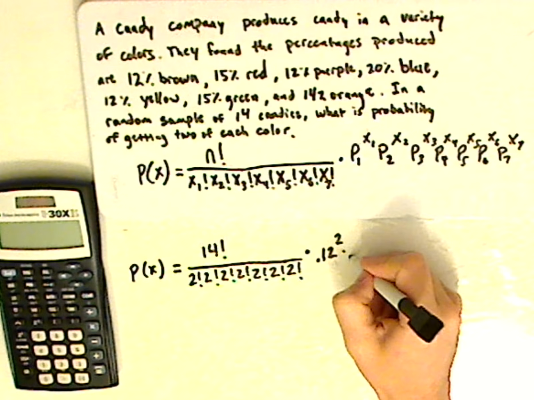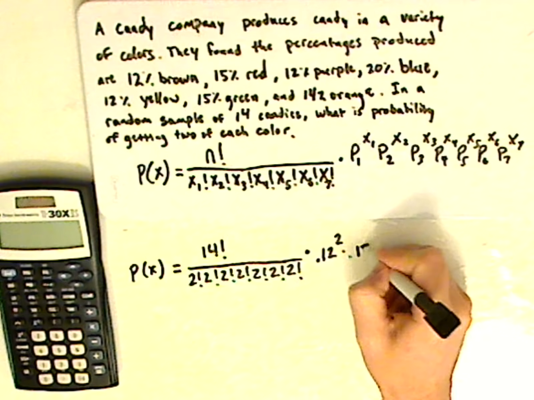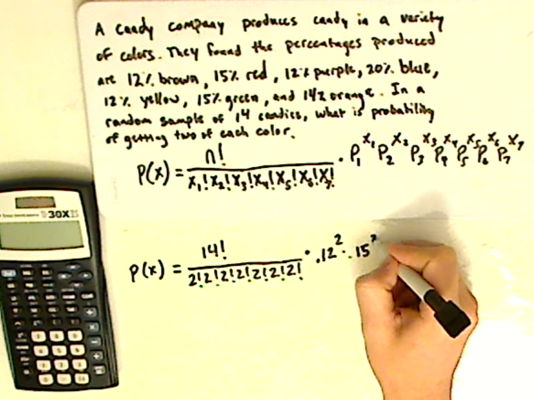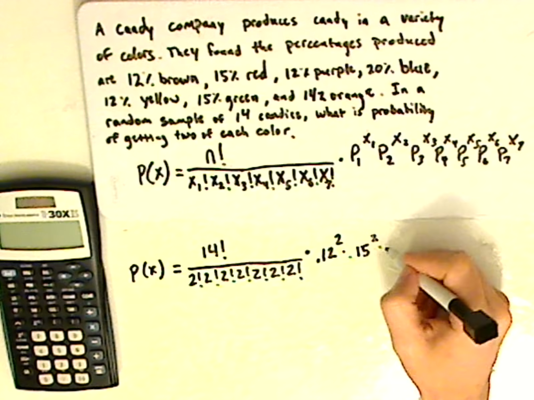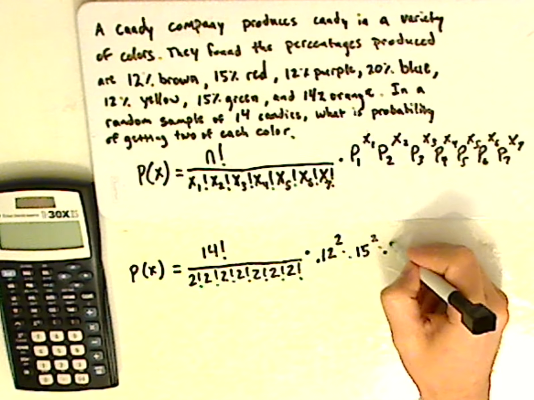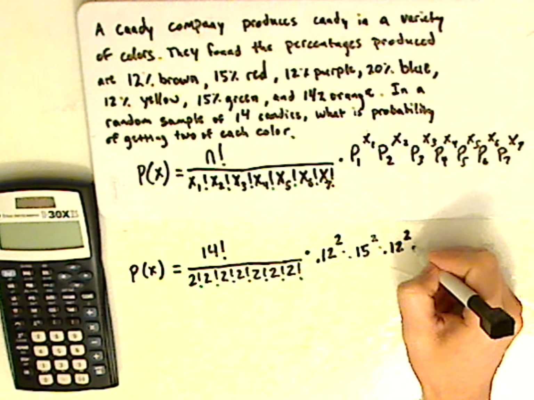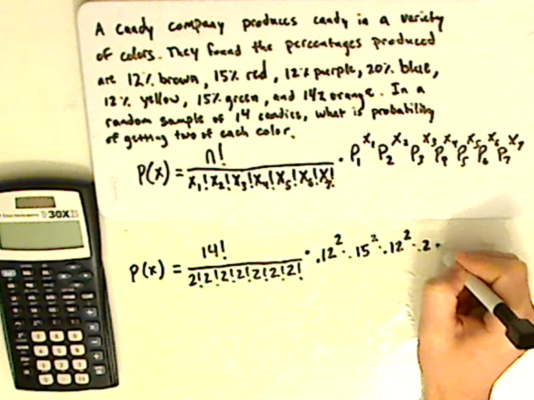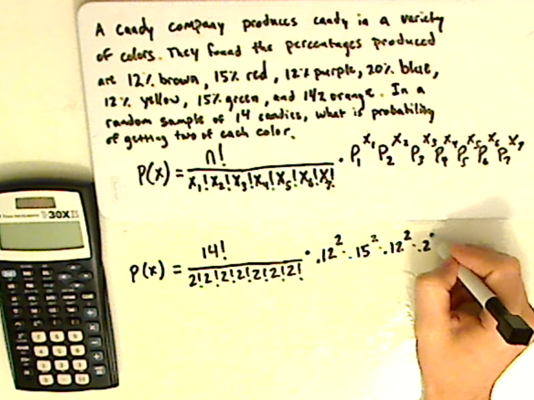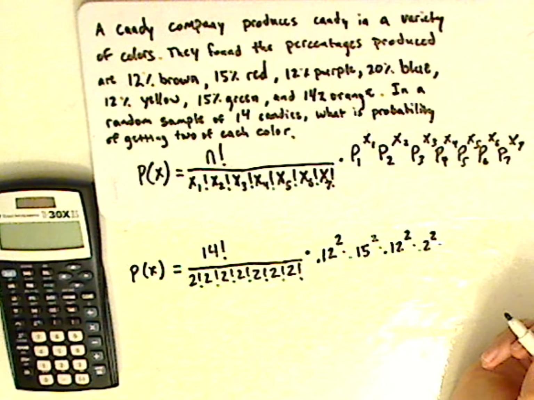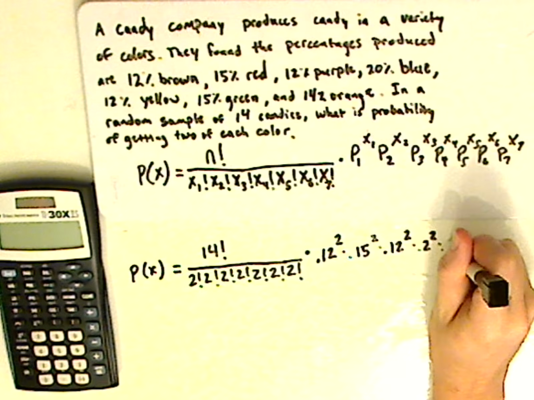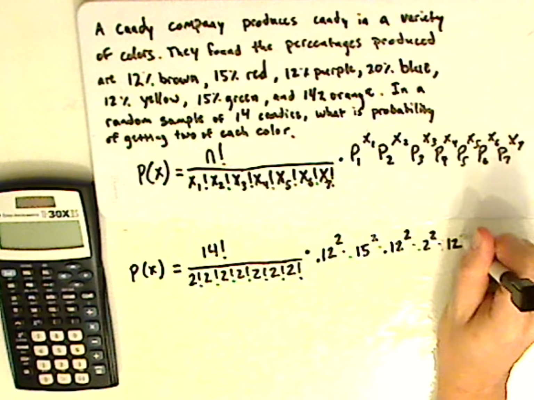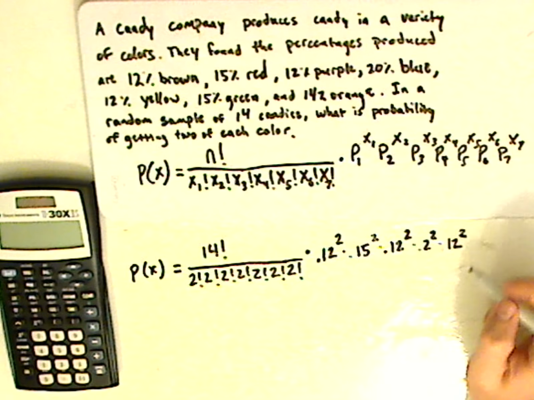Now I have red, which is 0.15, and I'm selecting 2 from that category, times 0.12 raised to the second power times 0.20, or just 0.2, raised to the second power times, now that was blue, and now I have yellow, 0.12 raised to the second power.